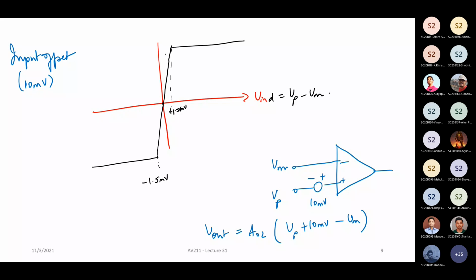So in that case, when will it flip the polarity? The polarity will flip if... you want this argument to go to 0. So Vp minus Vm plus 10 millivolt should go to 0, which means Vp minus Vm is equal to minus 10 millivolt.